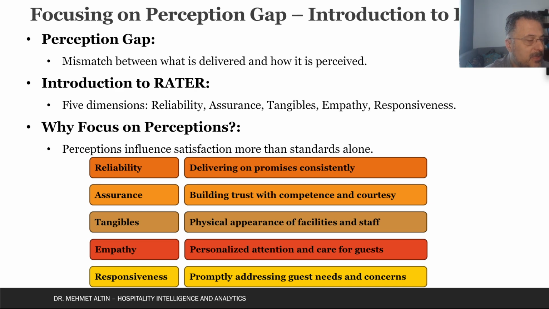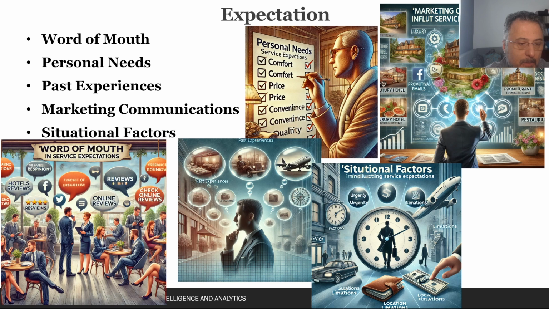These are measured using the RATER approach: reliability, assurance, tangibles, empathy, and responsiveness. If you want a little more information on this, you may want to watch the service quality video.